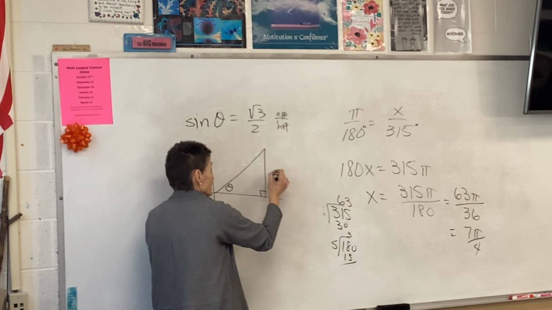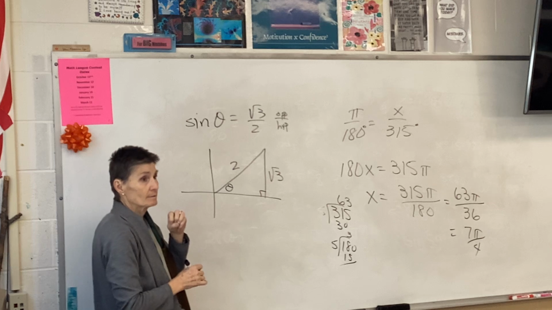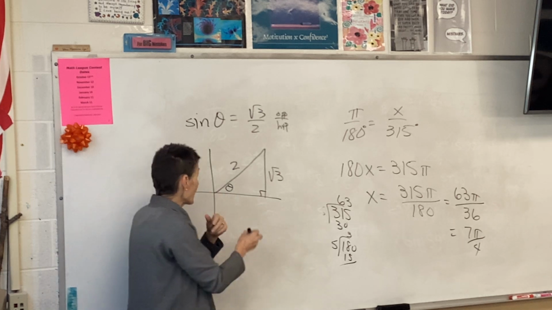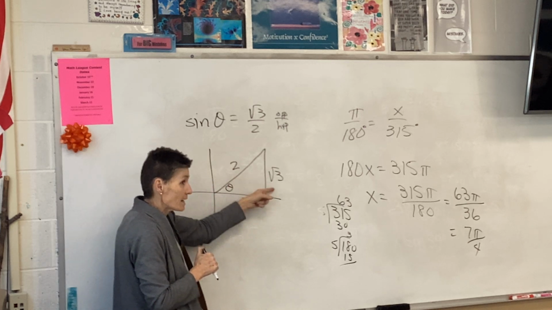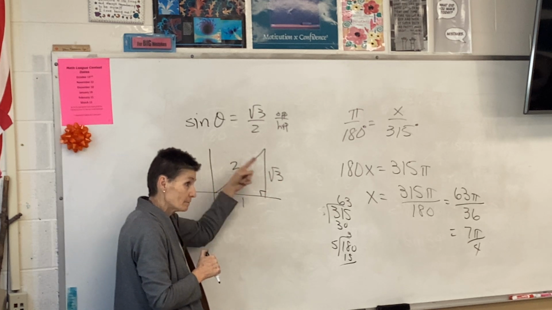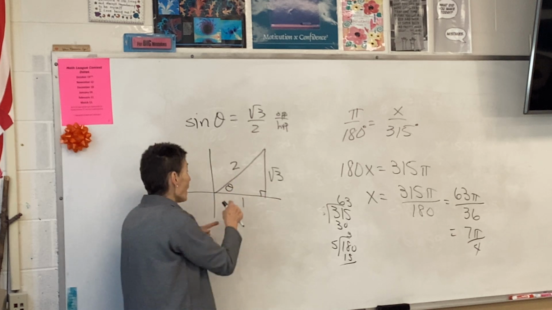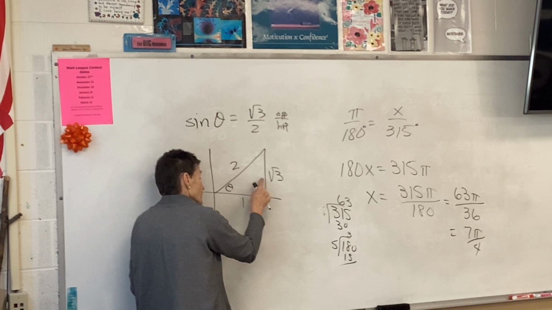So opposite over hypotenuse, does that make sense to you? So the other side is going to be 1, because this is a special triangle, right? What is the angle that's across from the root 3? 60.